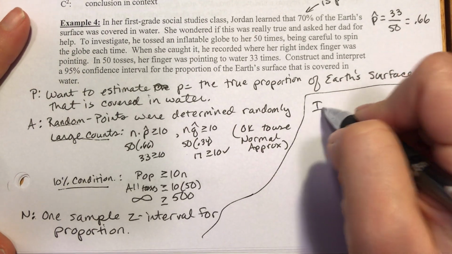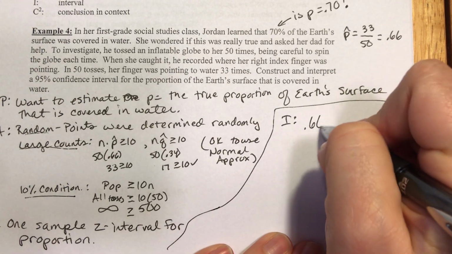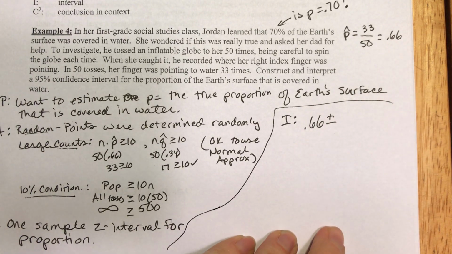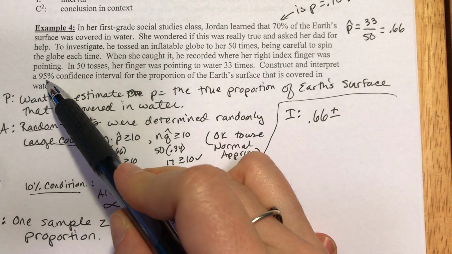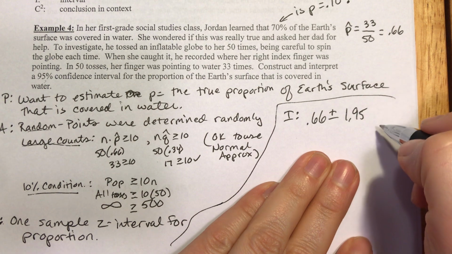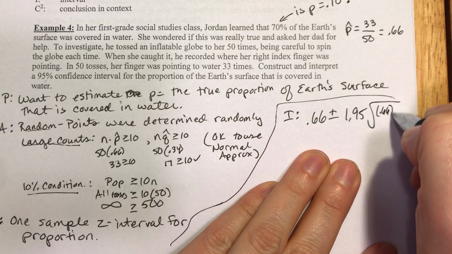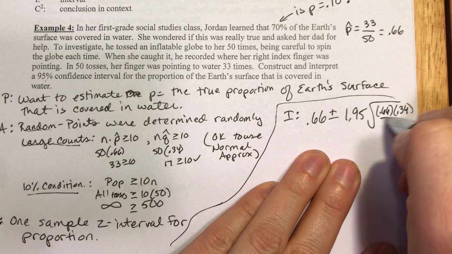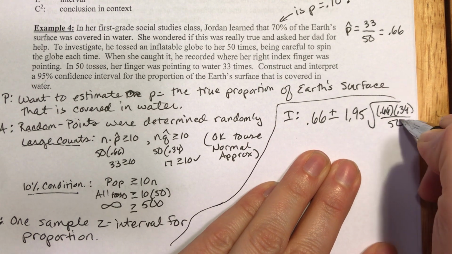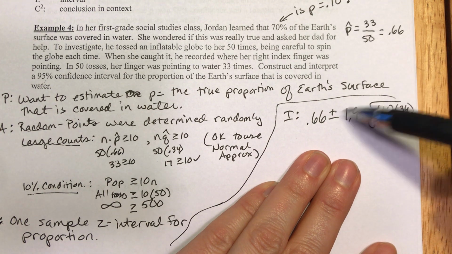I is the actual interval, where we do p hat plus or minus z star times the square root of 0.66 times 0.34 over 50. We have a 95% confidence interval, which means our z star is 1.96. Note, we're not using the 70 that we're estimating at all.